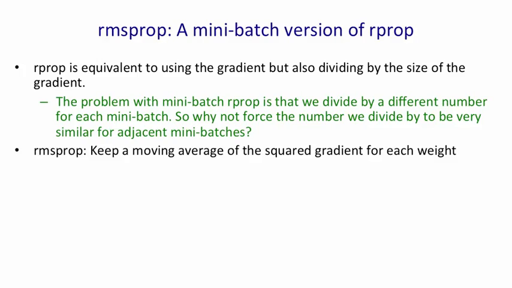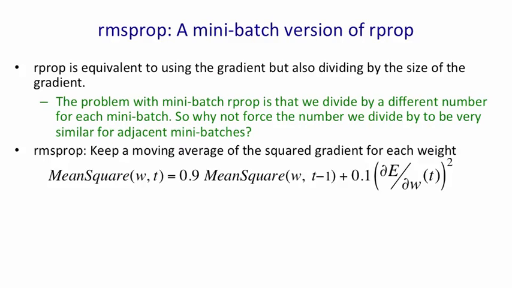We do that by keeping a moving average of the squared gradient for each weight. So mean square W t means this moving average for weight W at time t, where time is an indicator of weight updates. Time increments by 1 each time we update the weights. The numbers I put in of 0.9 and 0.1 for computing the moving average are just examples, but they're reasonably sensible examples.